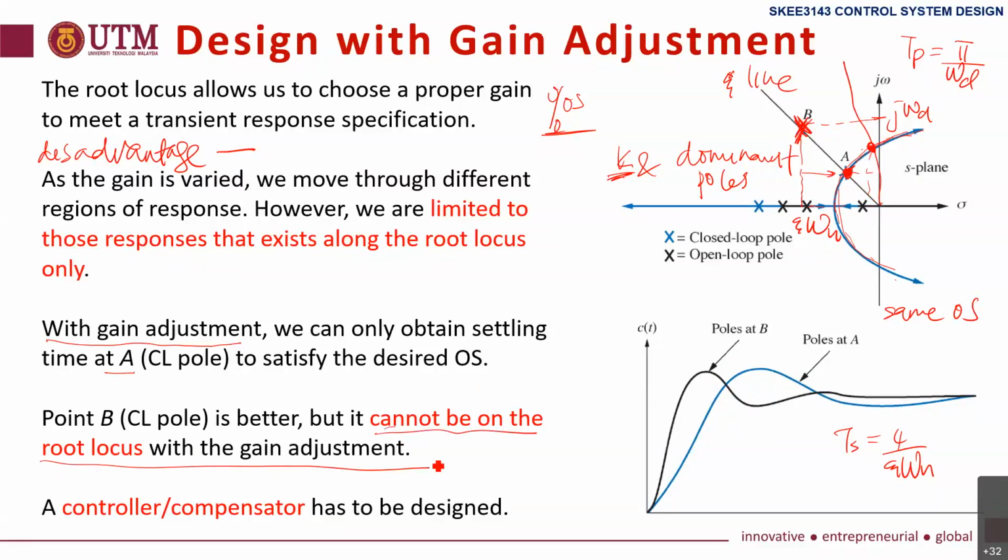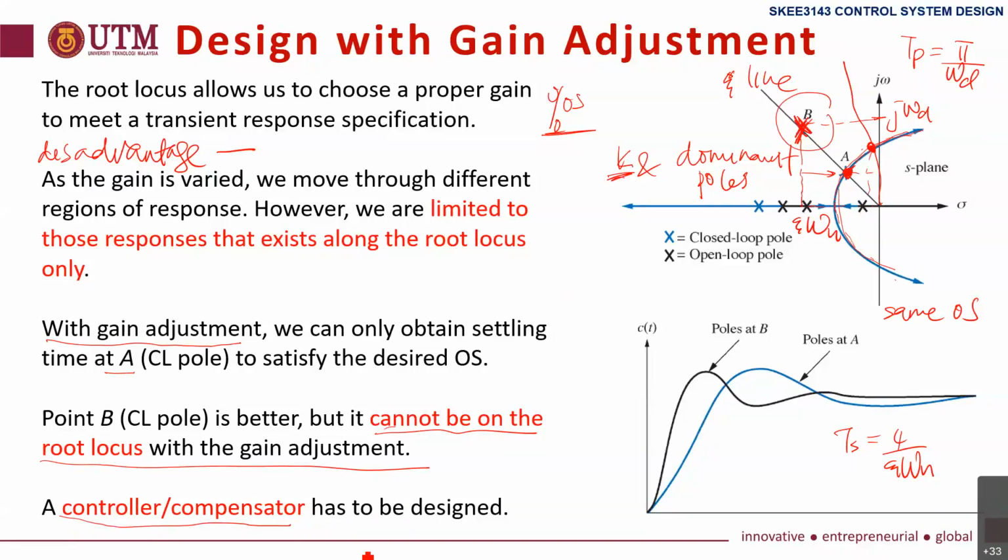There is no way I can get point B as my closed loop pole if I use gain adjustment, because with gain adjustment, it will be only on the root locus. Therefore, in order to get B, I need a controller. We call it a controller, or sometimes a compensator.